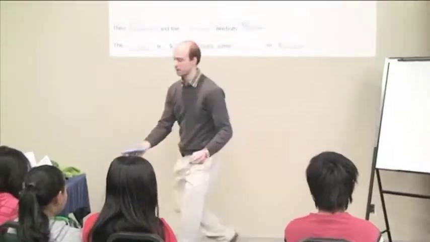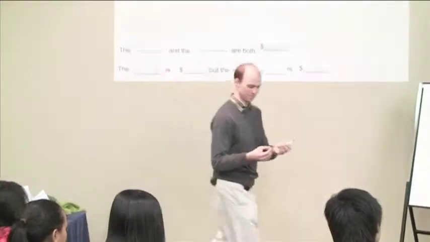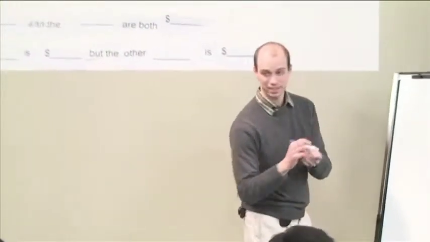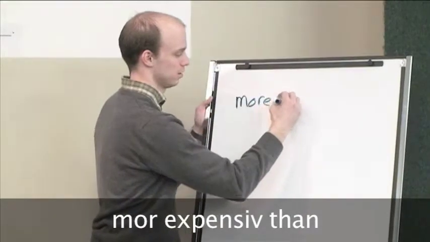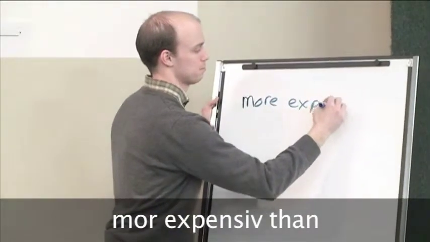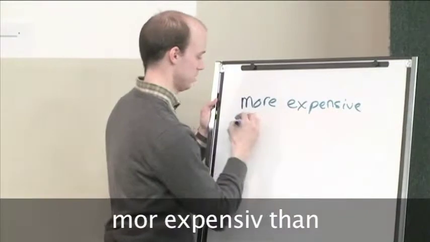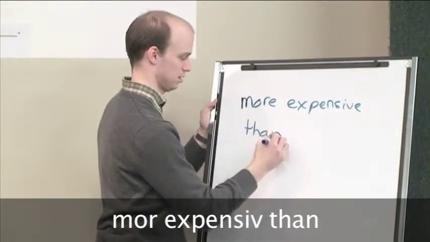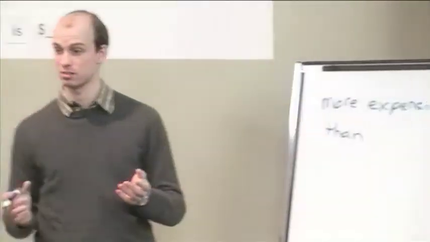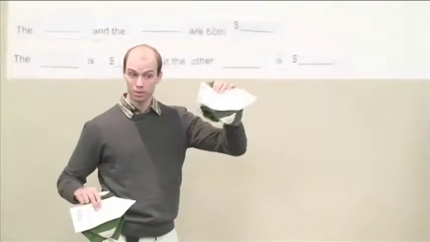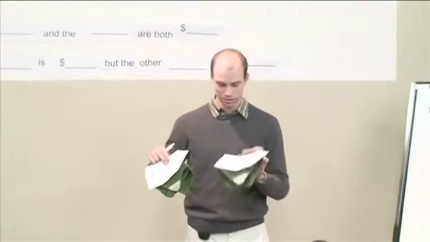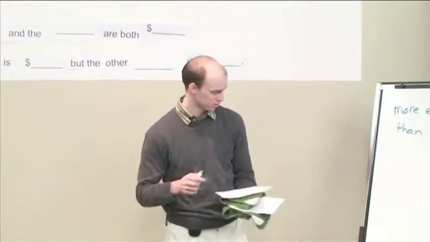If we want to compare prices a little bit more, we can say that something is more expensive than, and if something is less money, okay, so more money, less money, right? 750, 125.